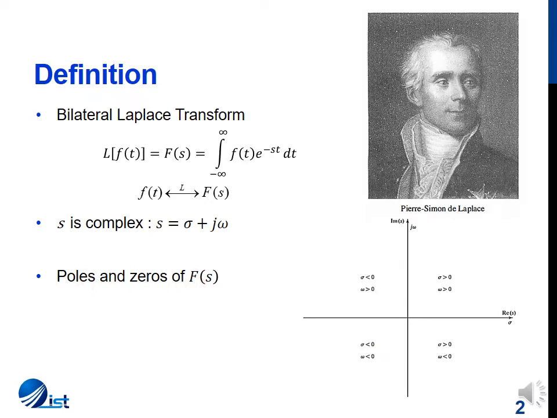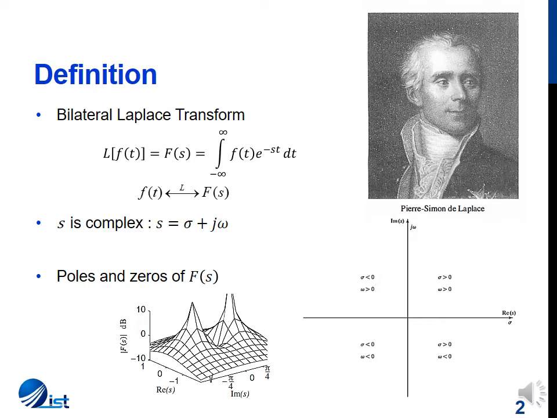So if I plot this F of s, the magnitude of F of s versus real s and imaginary s, that is if we make a 3D plot, then we can see that the values, in this plot the magnitude is in decibels.